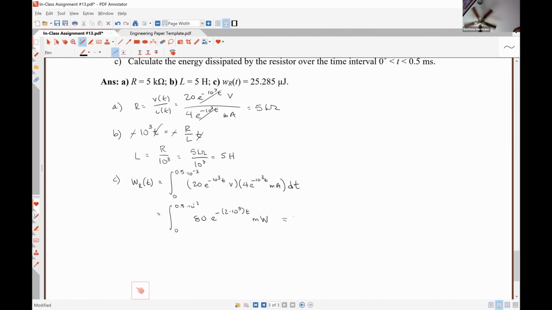Yeah, let's keep working this mathematically then, just in case I did something dumb. All right, so if I pull my 80 out, I'm going to have 80 times 10 to the minus 3 watts. When I do that integral, I'm going to have a -1 over 2 times 10 to the 3 here.